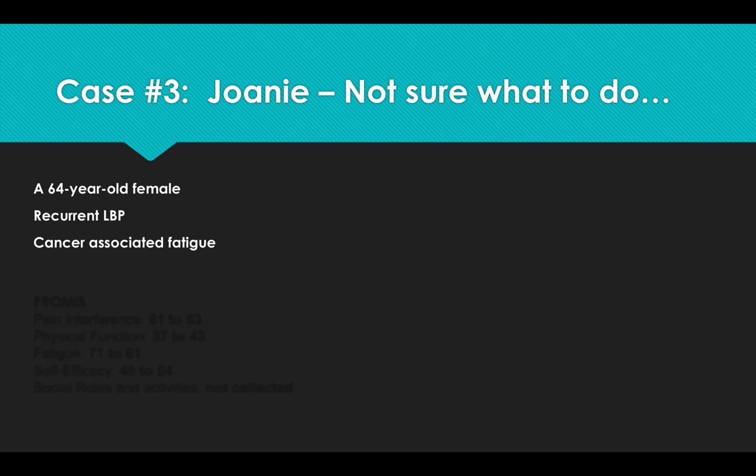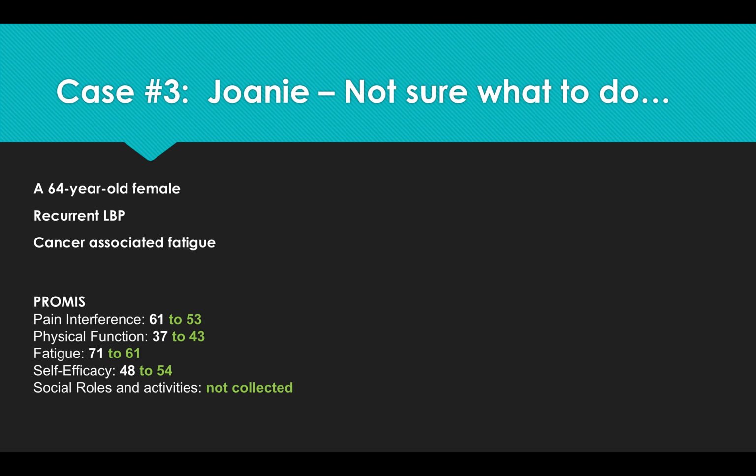The reason we presented this case is because there were 2 distinct diagnoses. And the PROMIS scores really helped us zero in on the cancer-associated fatigue. This led to a focus on aerobic conditioning rather than issues related to low back stabilization or mobility. The post-treatment PROMIS scores reflect the outcome.